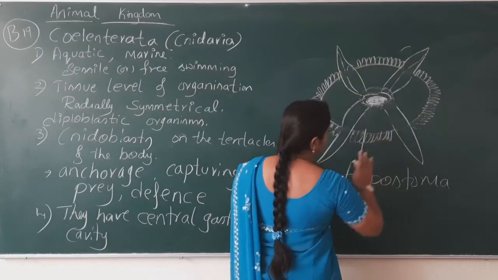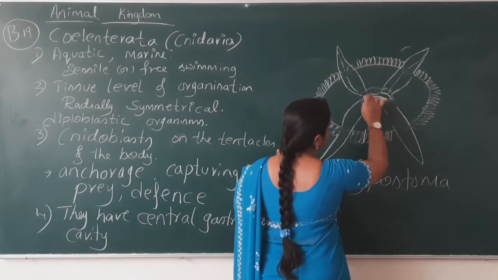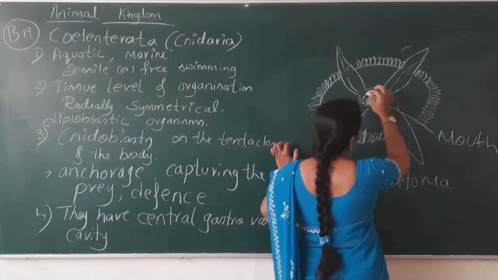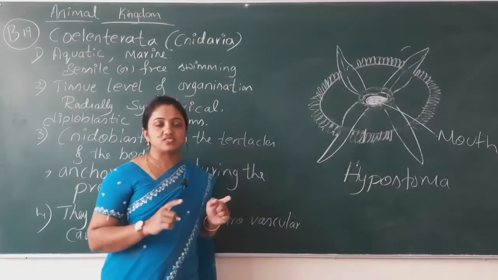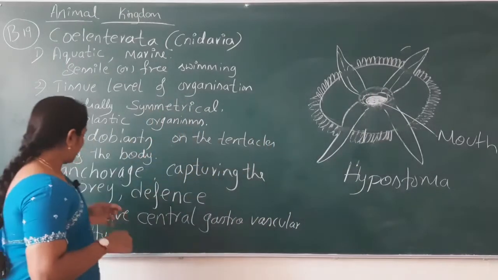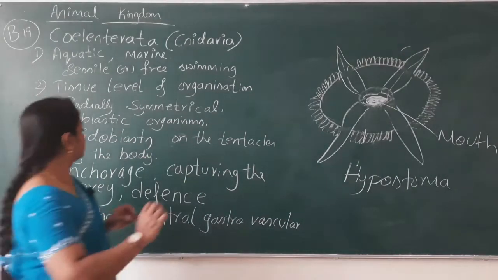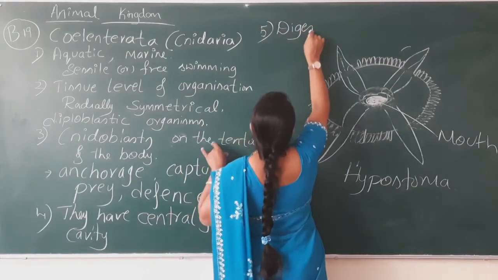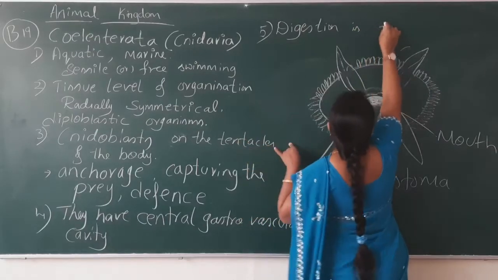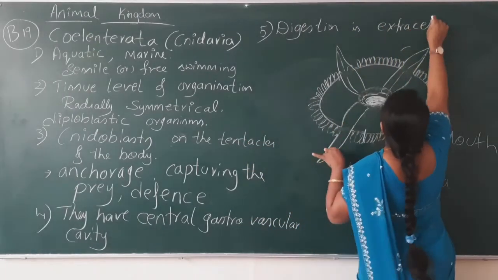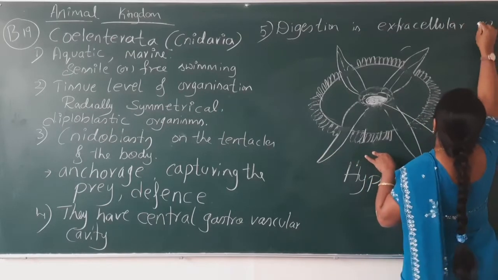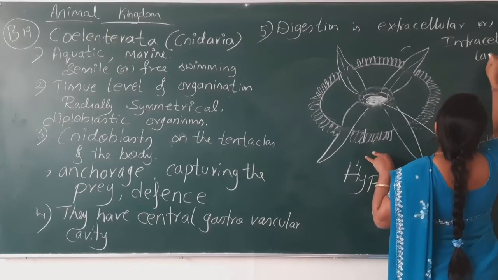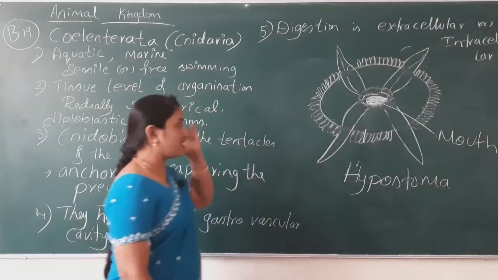So this region is the hypostoma region, and the opening is known as a mouth, and the cavity present after the mouth is known to be the gastrovascular cavity, and the digestion is extracellular or intracellular.